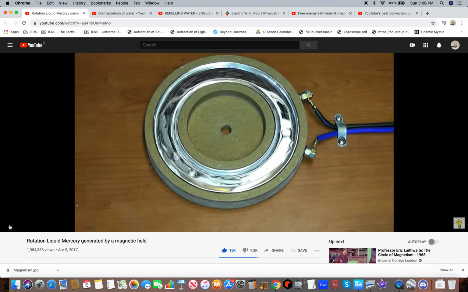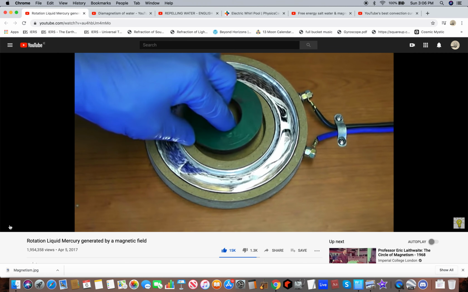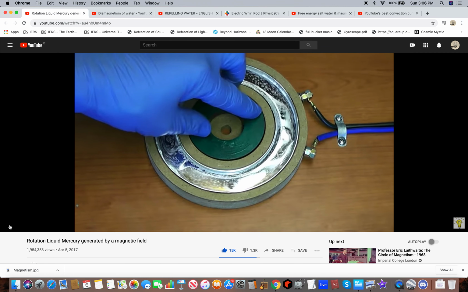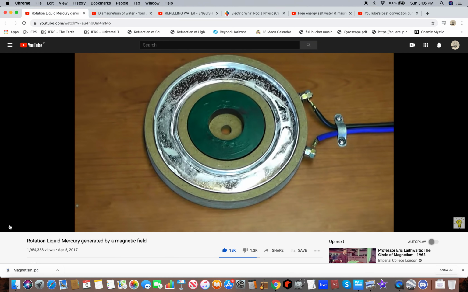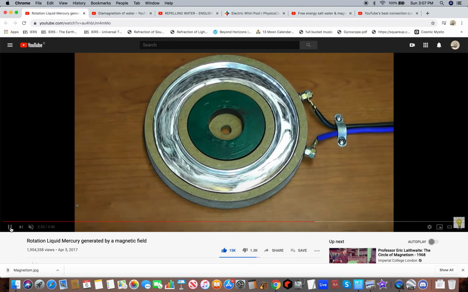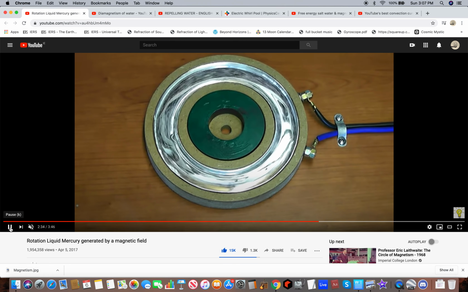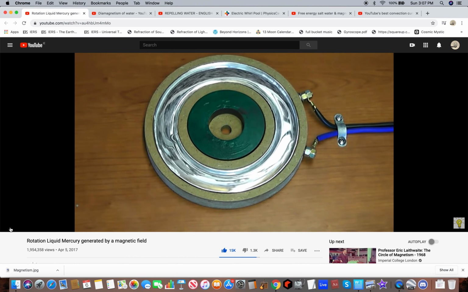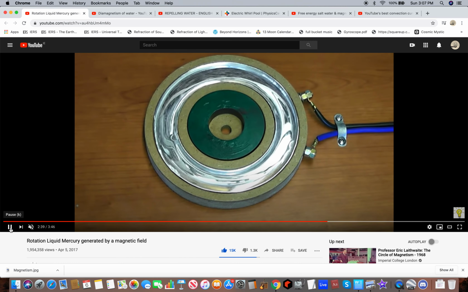And now he's going to take it out and switch it to the green side, the negative. I'm pretty sure red is positive and green is negative. And now watch. It'll move the opposite direction. So it wants to go the opposite way now. So this is what happens when a liquid is diamagnetic.